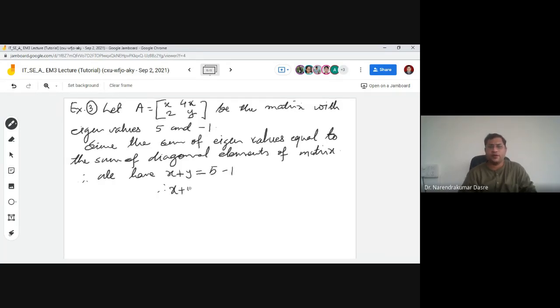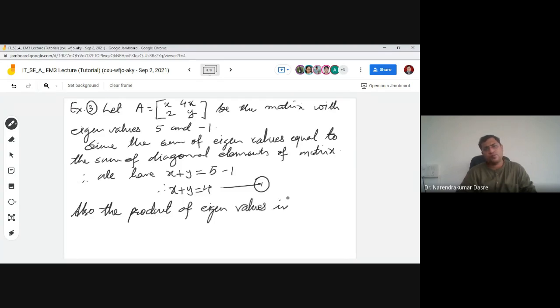So we got here x plus y is equal to 4. Let this be equation 1. Also, what we know is the product of eigenvalues is equal to the determinant of the matrix.